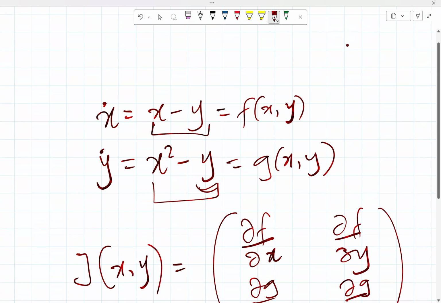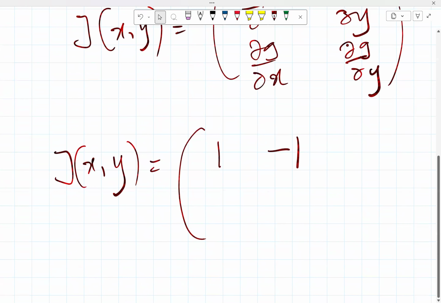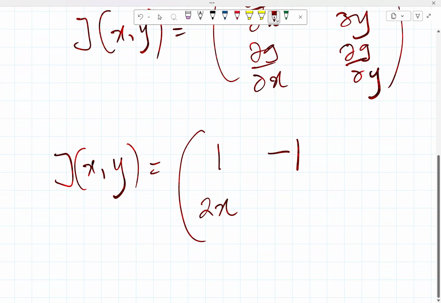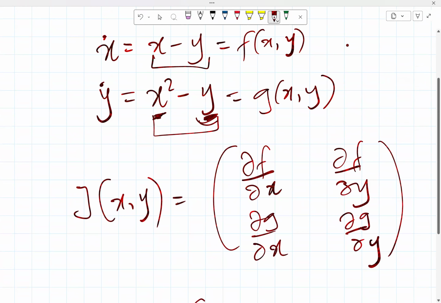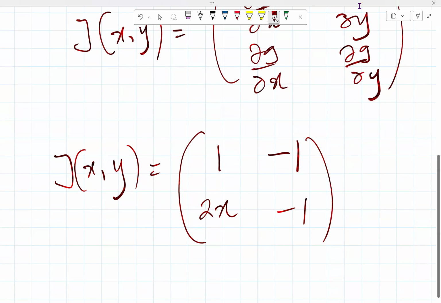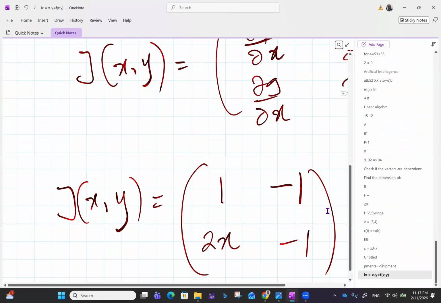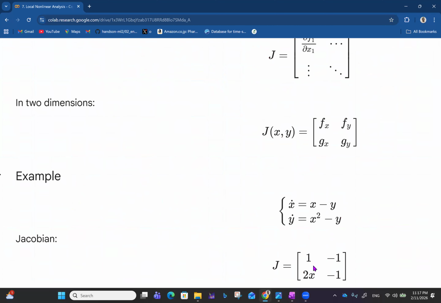You can see y as a constant because x is the focus. So differentiate x squared with respect to x, you get 2x. Then differentiate this expression with respect to y. x squared is a constant in that case. Differentiate minus y with respect to y, and you get minus 1. So the Jacobian is 1, minus 1, 2x, minus 1.